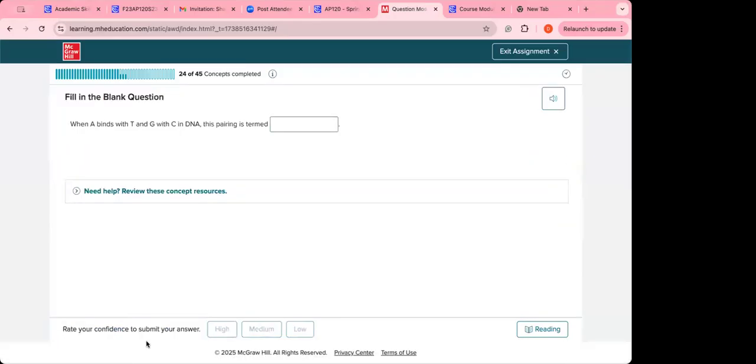When A binds with T and G with C, this pairing is termed what? Let's look up the word. Review the resource because I don't know what word they're looking for. So let's read the book and see what it said.